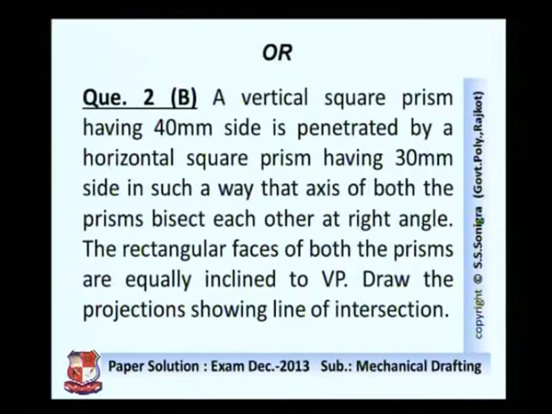Here a vertical square prism is given, side lengths are given to us. Both the prisms are lying in such a way that the axes of both the prisms bisect each other, means divide into two equal parts, and rectangular faces of both the prisms are equally inclined to VP, means we have to draw the square prism in such a way that all four sides make an angle of 45 degree with XY line.